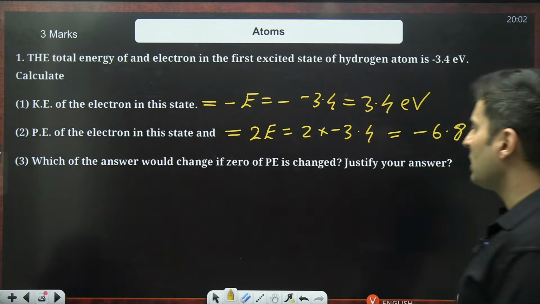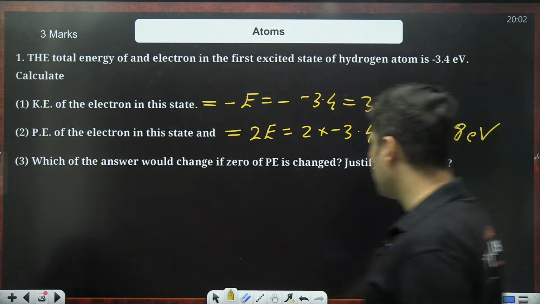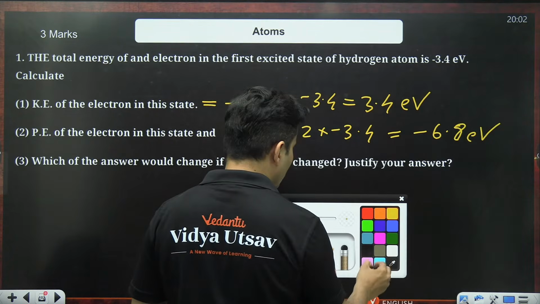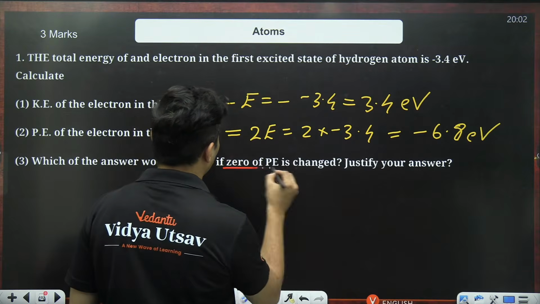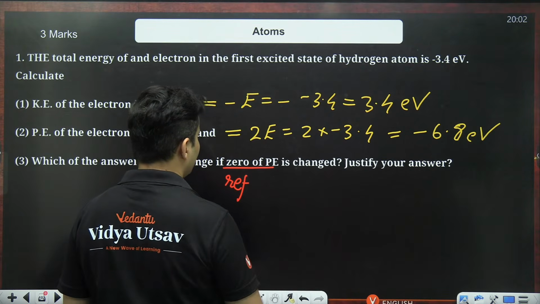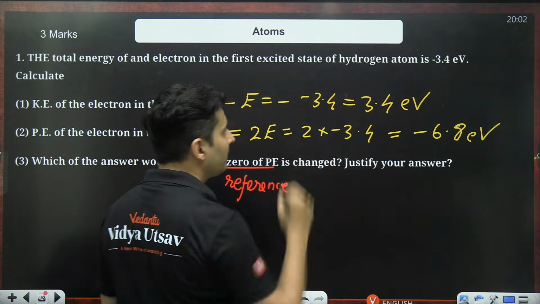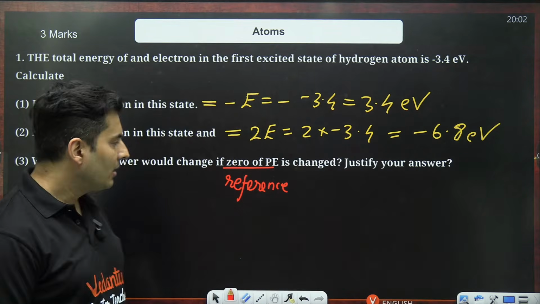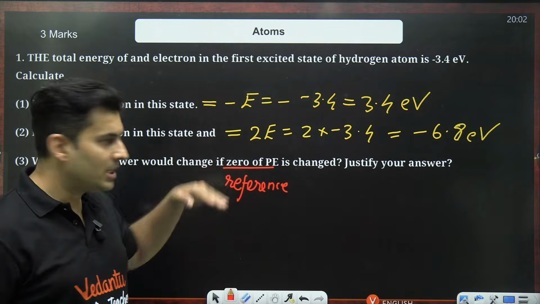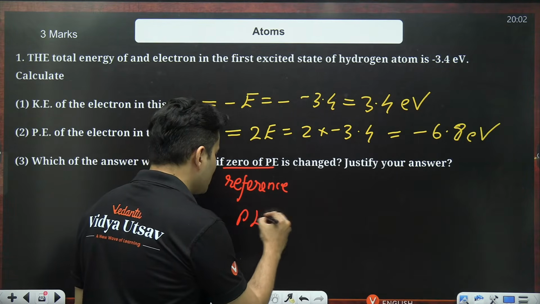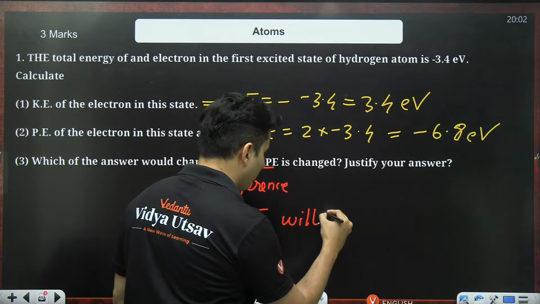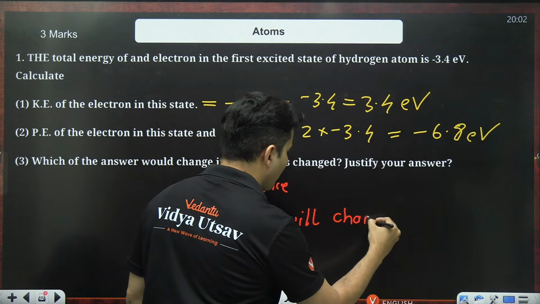Now, which of the answers would change if the zero of potential energy is changed? Zero of potential energy means the zero reference. If the reference is changed, then which of these answers will change? When you change your reference, only the potential energy will change.